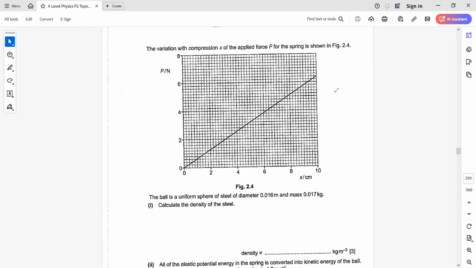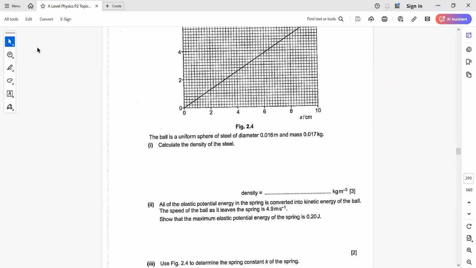So K is equal to F over X. That is going to be 6.4, and X is 10 centimeters, which is going to be 0.1. So this is going to give us 64 newtons per meter. That's K. That was the question here.